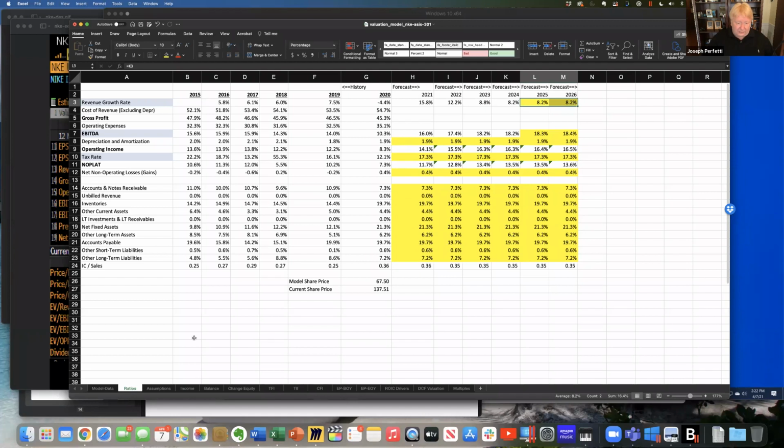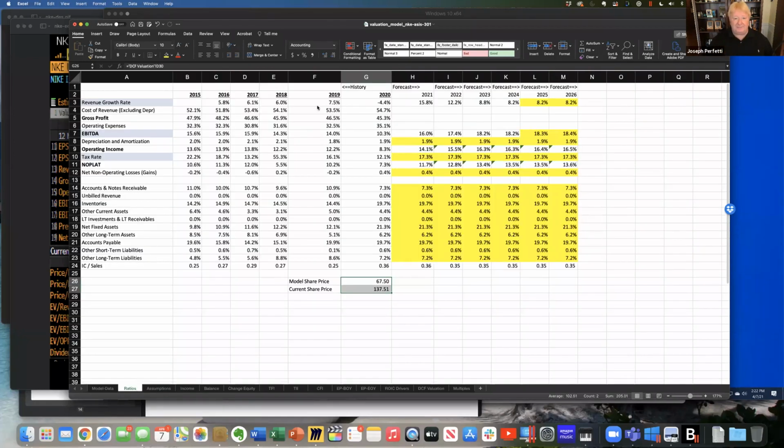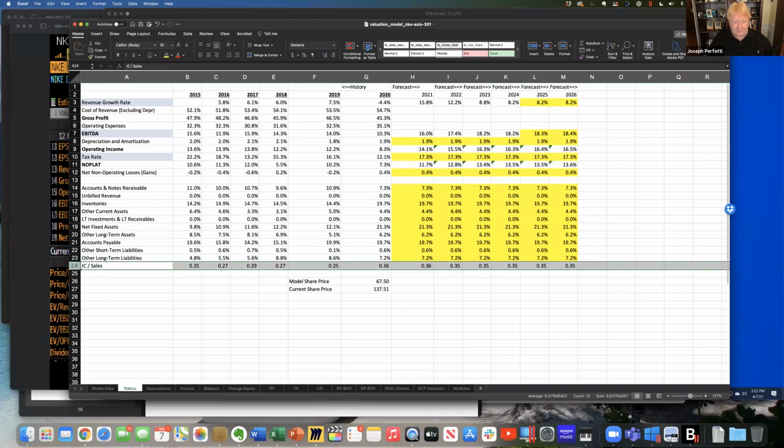So I need growth. I'm trying to match the share price within $1, and I need a realistic G. Okay, so that's what I'm kind of down to. And then finally, I'll mention one other thing that didn't affect Walmart but might matter with Nike: this ratio is called invested capital to sales.